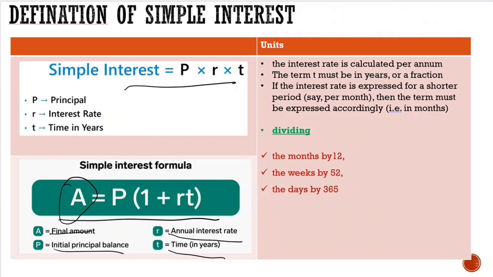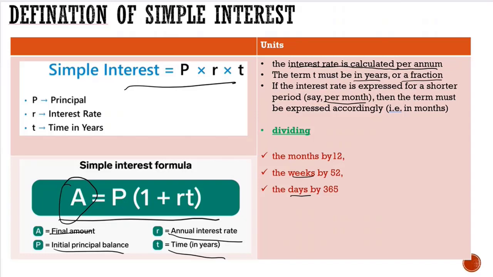And then what is important here is that the interest is calculated per annum. The term T must always be in years. This is very important. Or a fraction. What do we mean by a fraction? If you've got a shorter period, maybe a month or a day or a week, you must always divide by that unit.